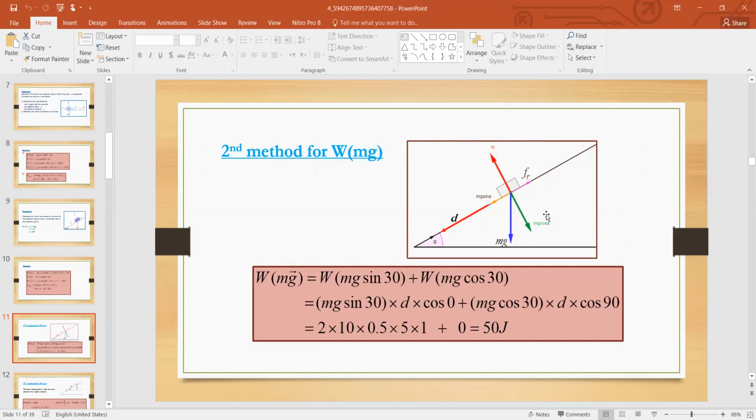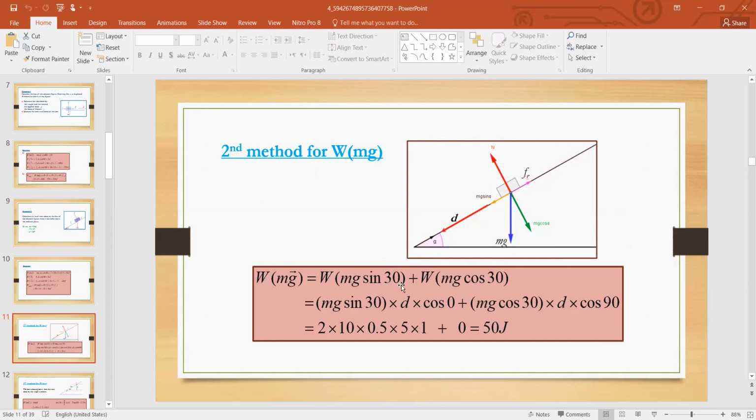What is the work done by mg cosine alpha? It equals 0 because mg cosine alpha is perpendicular to the displacement. You can put it 0, and there is no need to write mg cosine 30 d cosine 90 because you know that mg cosine alpha is perpendicular to the displacement. What is the value of work done by mg sine alpha?